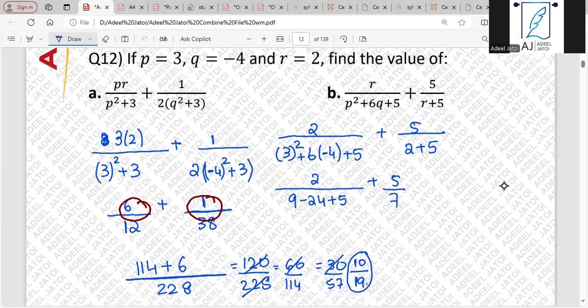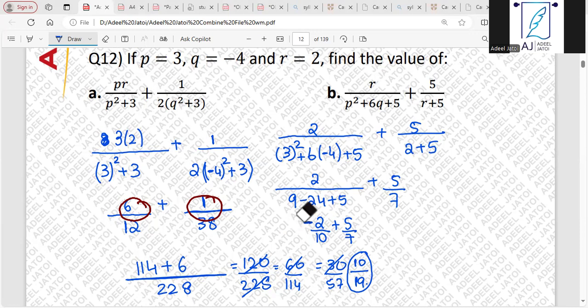So this should be minus 2 upon 10 plus 5 upon 7. Because even if in the denominator there is a negative sign, it will go with the numerator. Remember this, since the negative sign was in the denominator, we still write it in the numerator, because we do not write the negative sign in the denominator.